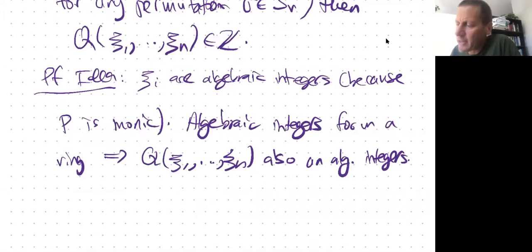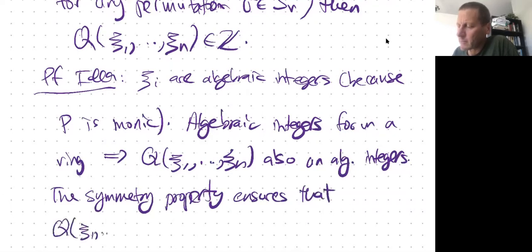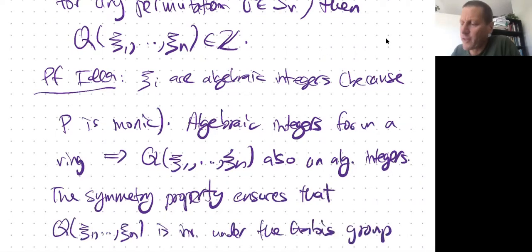And on the other hand, by the symmetry property, the fact that this expression is symmetric in the roots ensures that this number is invariant under the Galois group of the field extension.